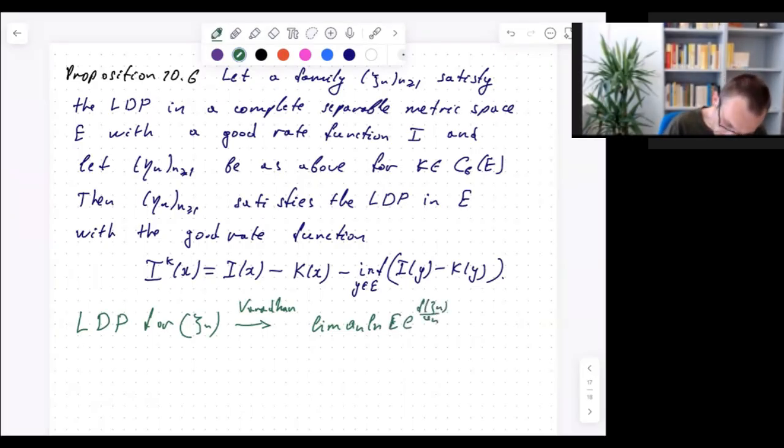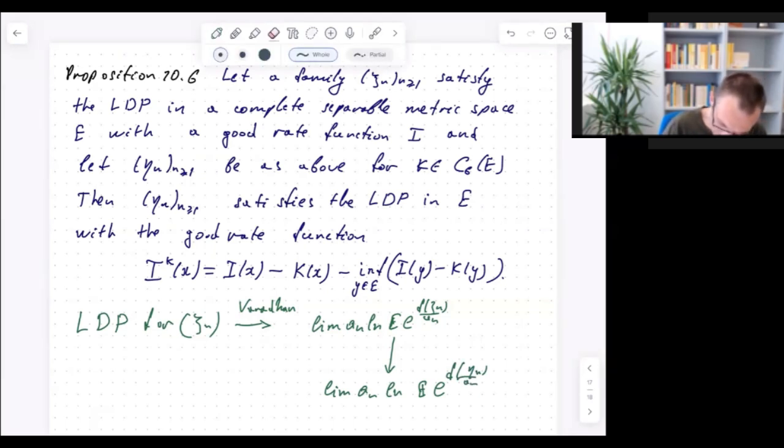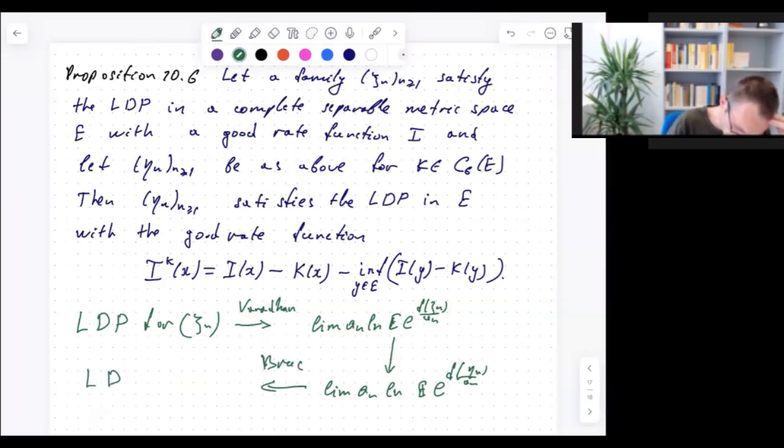Then, having this inequality, we want to go to the limit of the logarithm of the expectation of f of eta n, because when you have eta n defined as before, it is easier to work with that type of expression. So we will easily go from that part to that part, and then we go back to the large deviation principle by Bryc. It will give us the large deviation principle for eta n.